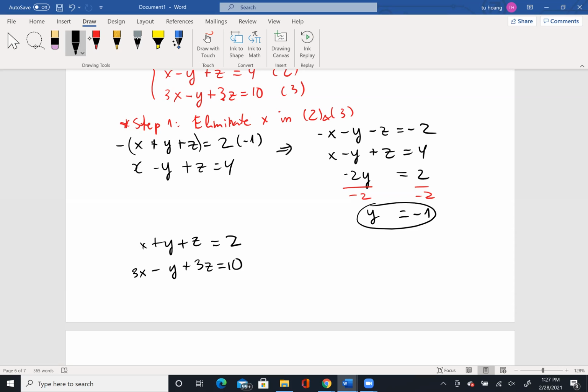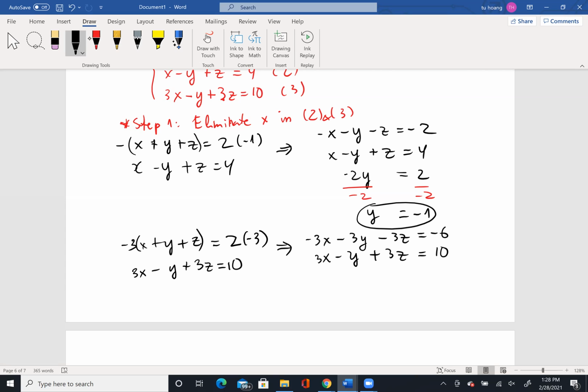So I have to multiply both sides of the top by -3 in order to eliminate x. Then I have -3x minus 3y minus 3z equal to -6. And the third equation is going to stay equal to 10.